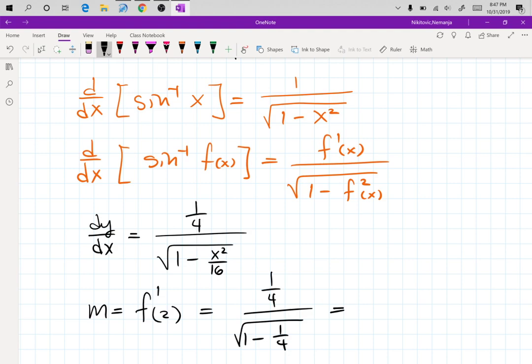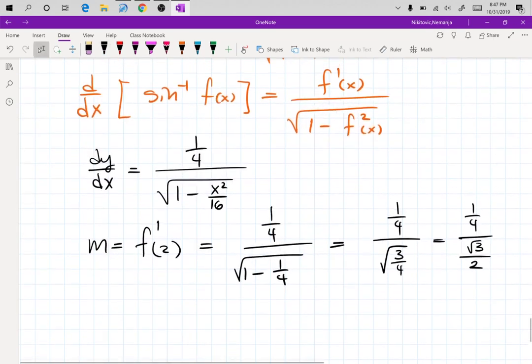So what do we have? We have 1/4 divided by the square root of 3/4, and the square root of this, so you have 1/4 over square root of 3 over 2.